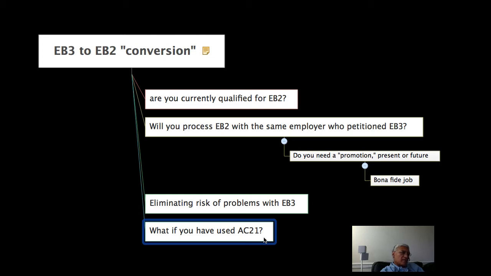In order for Sun Microsystems to process your case under EB2, they have to assess whether they have to promote you so that an EB2 level job can be given to you, or can they use the same job. This can be tricky. Okay. So for AC-21, the key question is, can the same job which was the subject of AC-21 be used to file an EB2 case? Tricky question, depends upon the facts of the case.